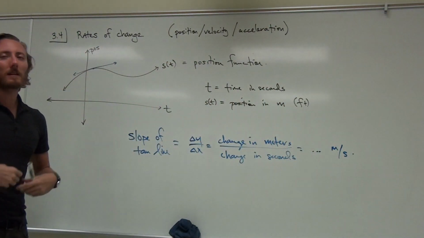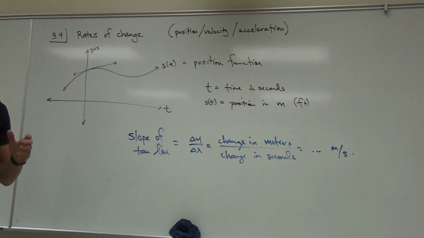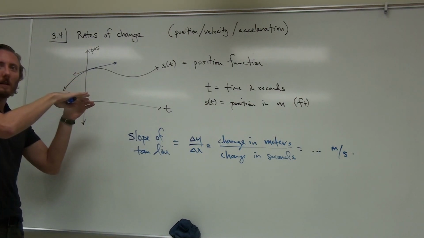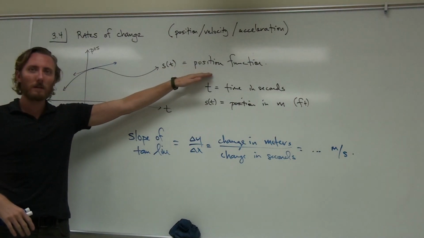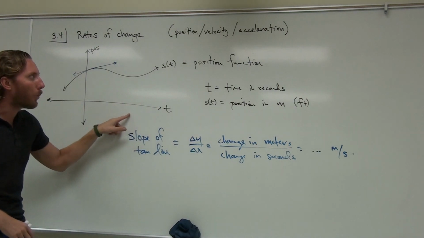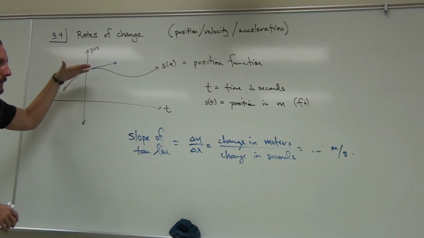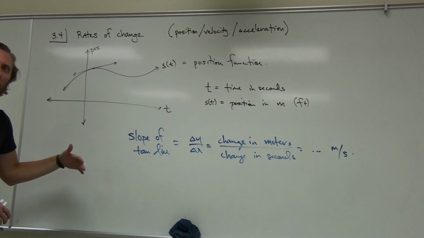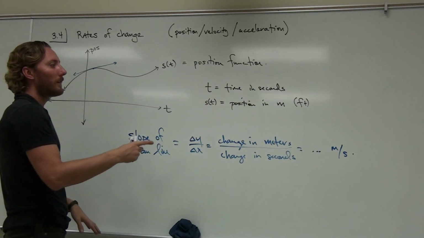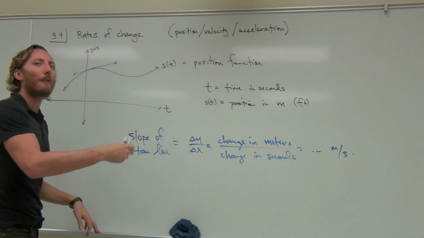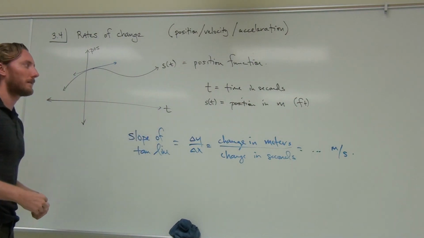And now here's the thing to think about. While your original function measured position at any time, where are you? The tangent line, the derivative, is measured in terms of meters per second. How fast are you going?